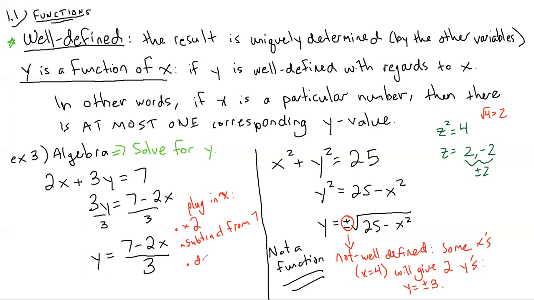And then I'm going to divide that output by 3. It's a very, very well-defined set of rules to figure out what y is. And assuming you're doing order of operations correctly, you'll never get a different y for the same x. So this actually is well-defined. And so the one on the left is a function.